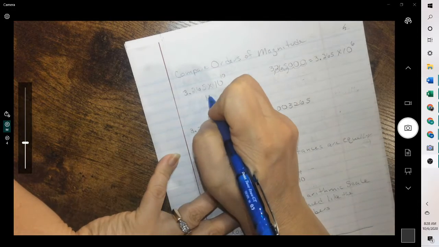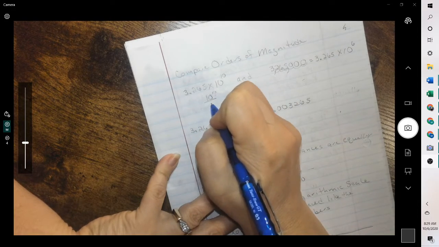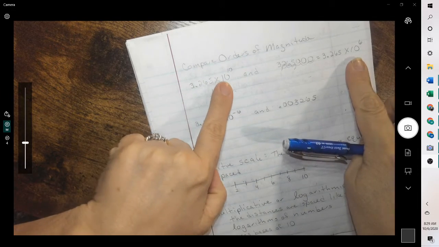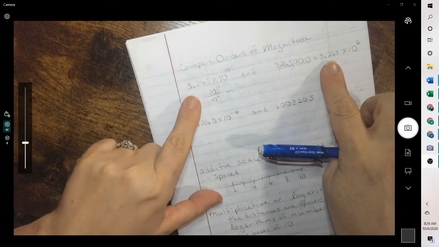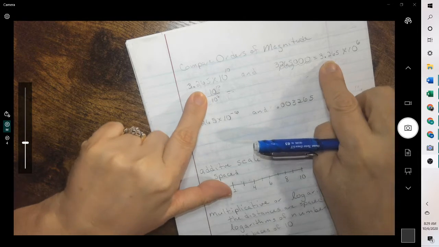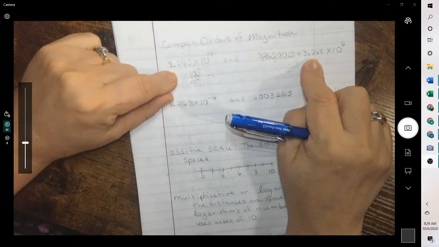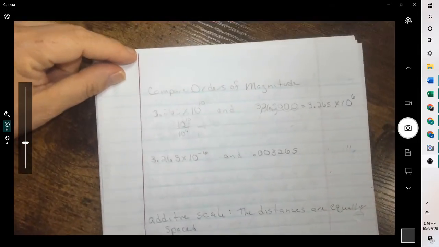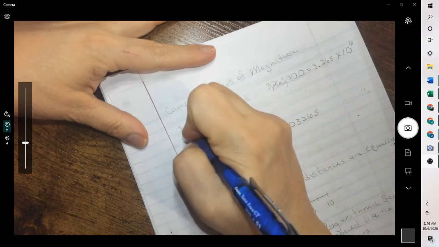If we compare them then, 10 to the 10th over 10 to the 6th, we only need to compare the powers because notice these are the same decimal. So the only difference is how many powers we move it over.